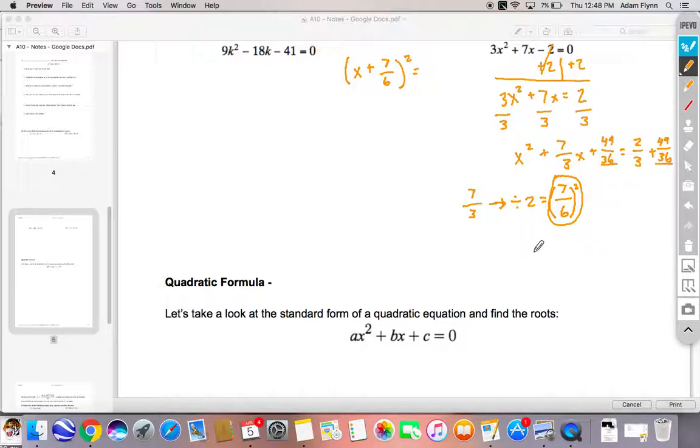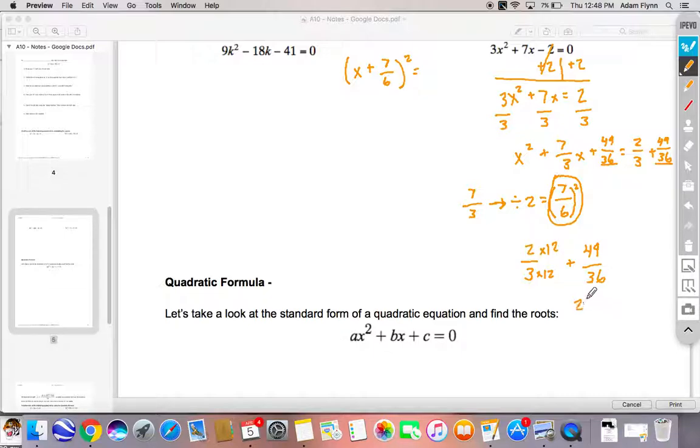So I need a common denominator. So I'll do the math down here. So my common denominator will be 36, so I need to multiply the top and the bottom by 12.